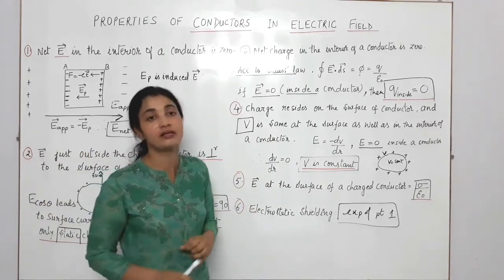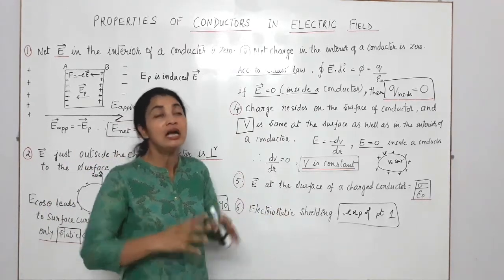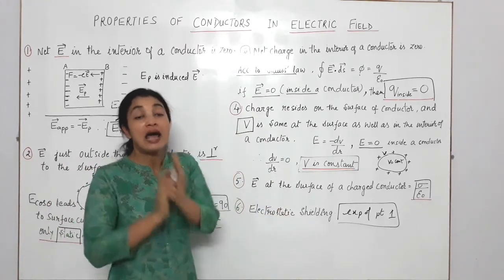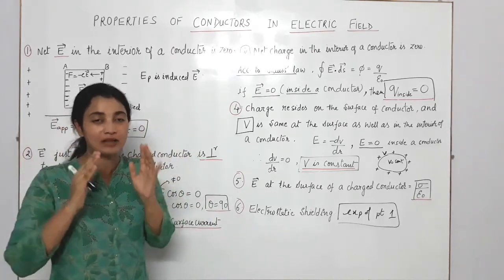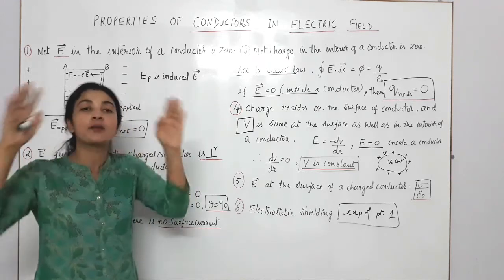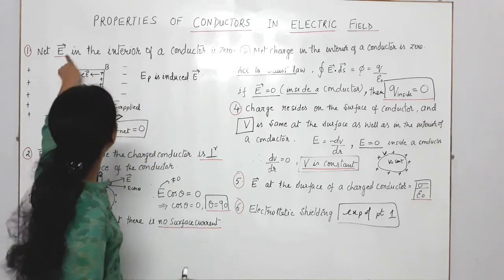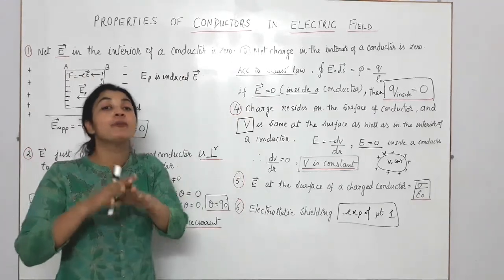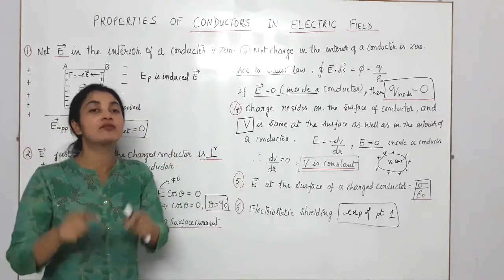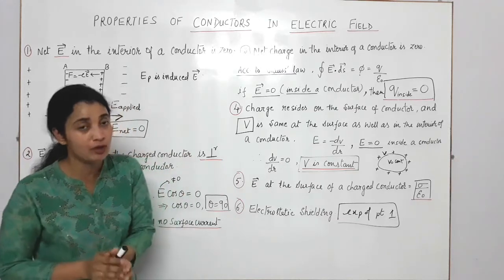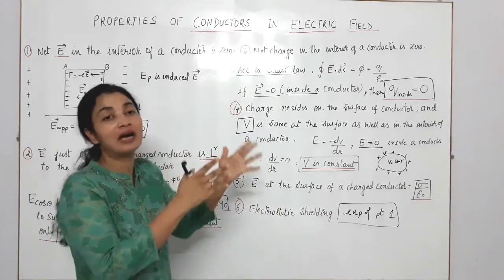And it is not safe to sit under a tree, because inside the car, assuming the car to be mostly a metallic body, the inside portion of a car acts like a cavity, and all the charges due to electrostatic thundering will reside on the outer body of the car, and inside the electric field will be zero, and you will be safe inside the car. That is electrostatic shielding, means you are shielded from the electric field.